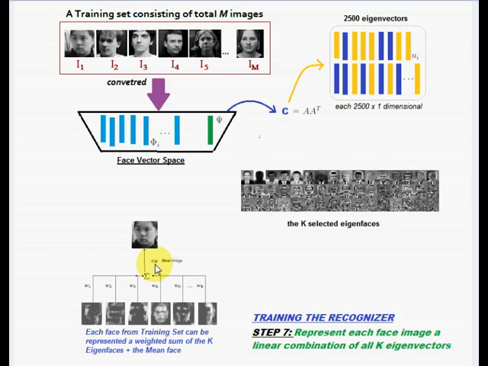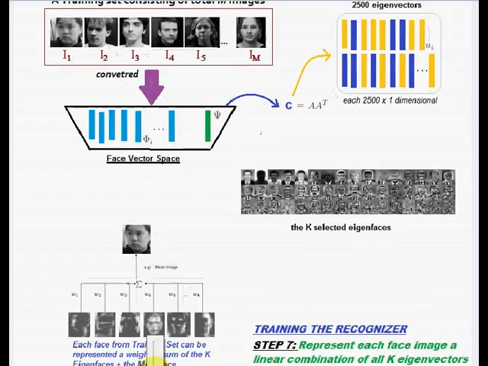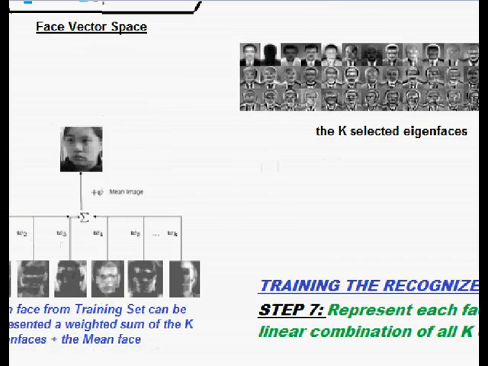If you remember, we had subtracted the average face, so we need to add back the features that we had removed before all the calculations. That is why we're adding the average face here. As you can see, we have weights assigned here, W1, W2, W3, W4, and so on till WK, because there are a total of K.